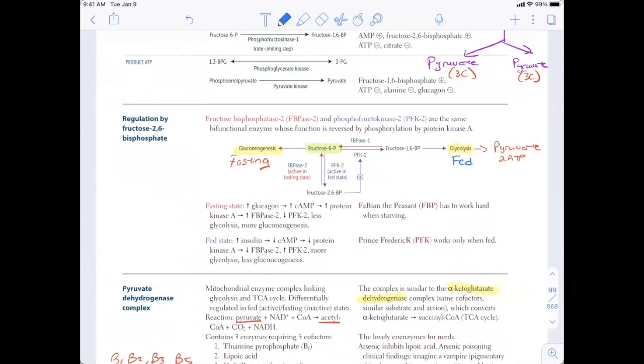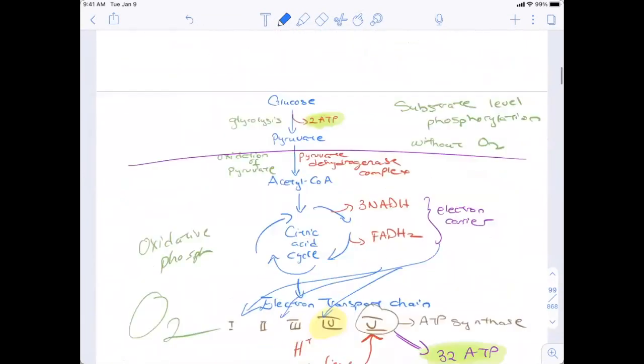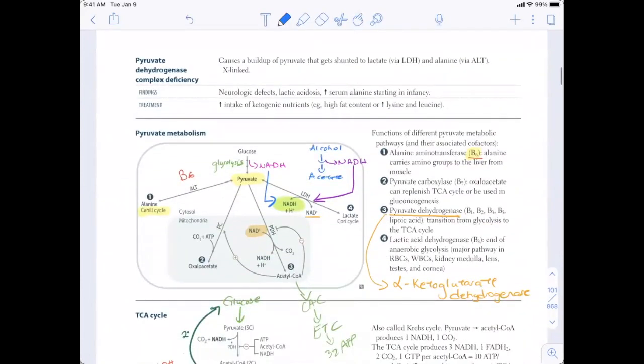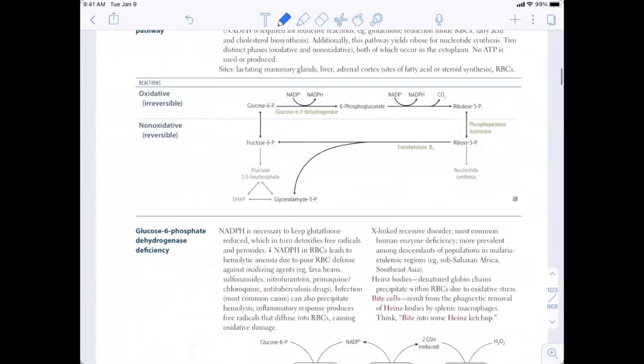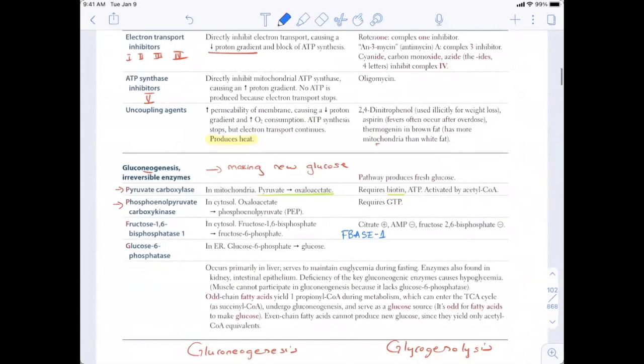Connect the dots, and that's why you're going to see me going back and forth. Connecting the dots makes it easier and helps you bring this bulky information into a very small concept or summary. That's just by the side. I just wanted to show you your FBPase 1 once again.